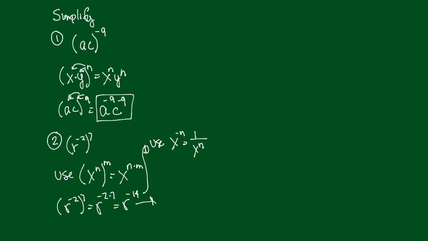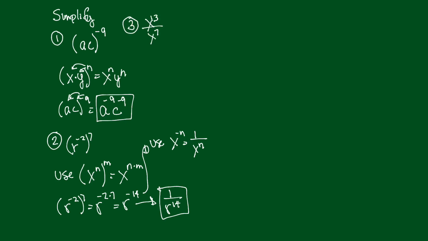So let's take this r to the negative 14 and write it like this. 1 over r to the positive 14. So what the rule says to do is that if you have a base to a negative number, you can just take it 1 over the base and change the exponent to a positive. So just move things up and down just by changing the sign of the exponent.